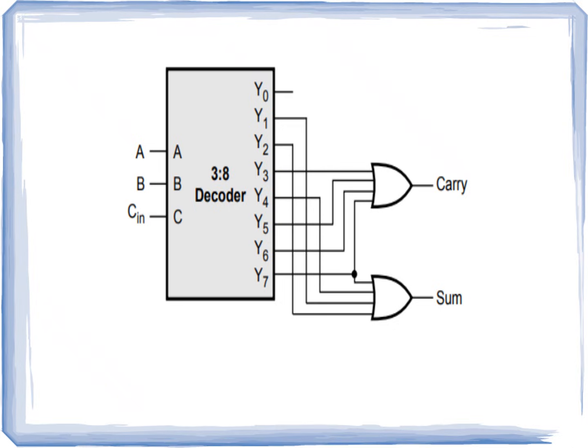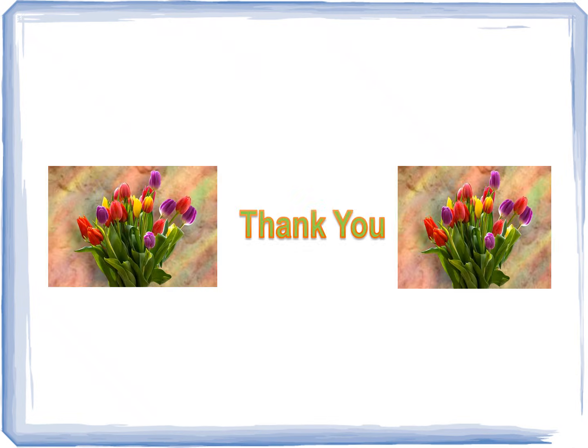Then we connect 1, 2, 4, 7 to the sum, and the remaining bits 3, 5, 6, 7 are connected to the carry. So we have implemented the full adder using the 3 to 8 decoder.